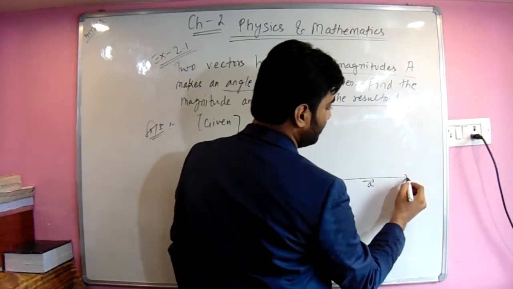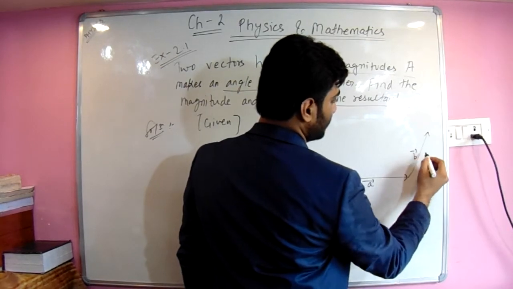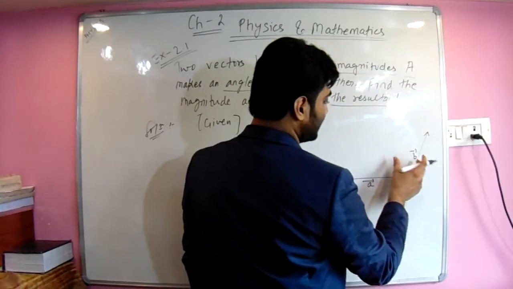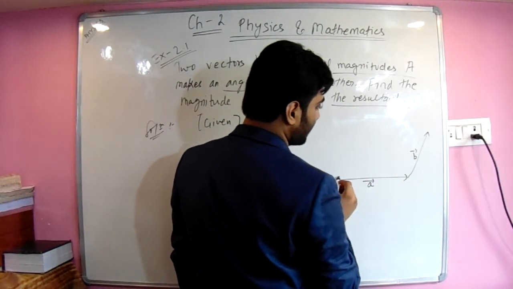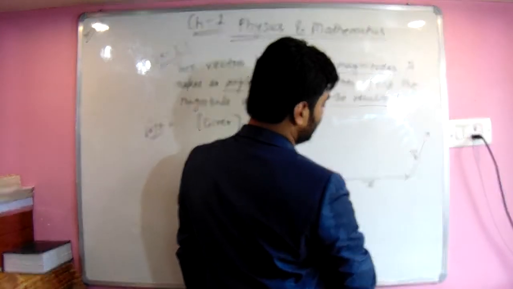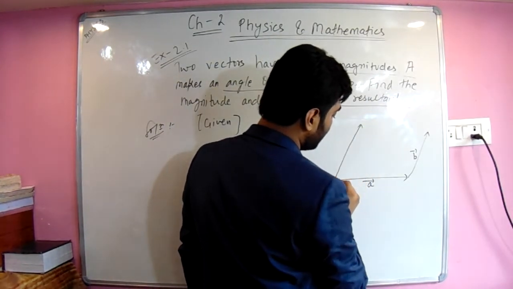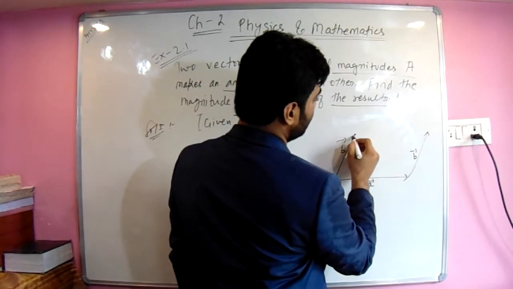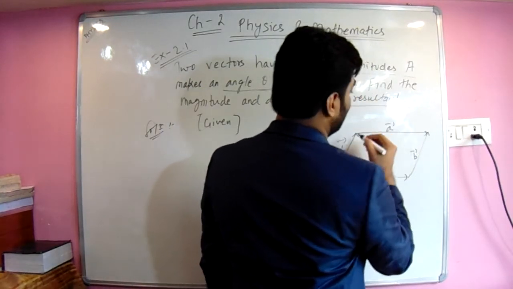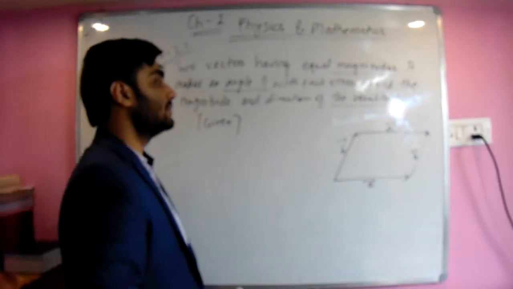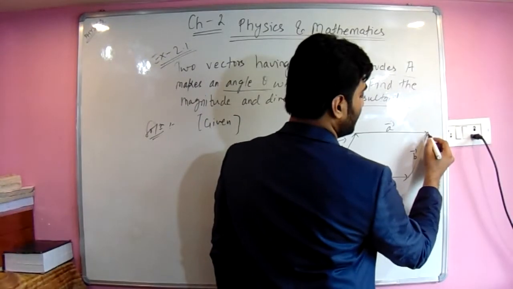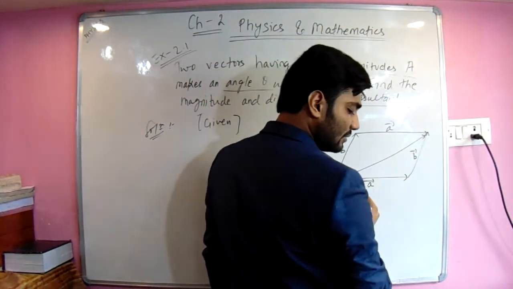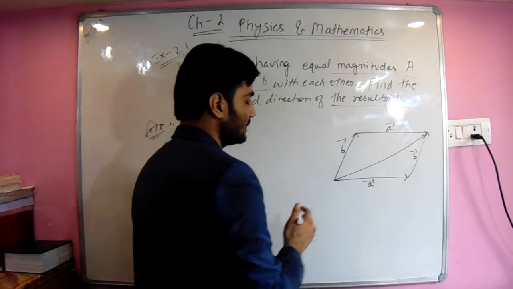B vector can be drawn parallel to the A vector, and A vector parallel to the B vector, as used in the parallelogram. We don't always draw it because we know the values, but drawing is very important in a physics diagram.